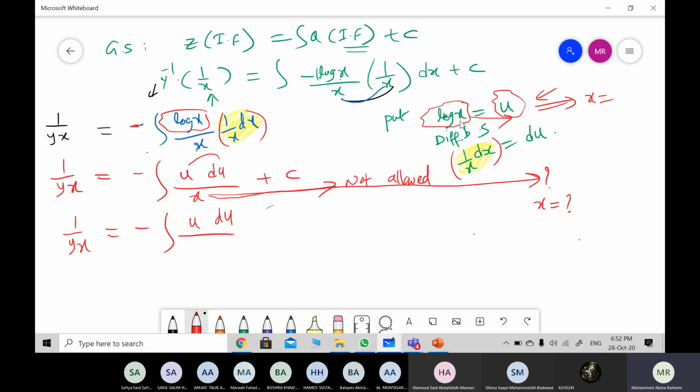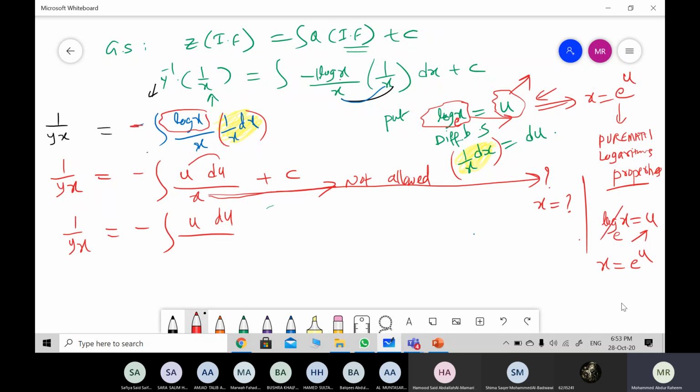Yes, it will become x equals e power u. Here we expect e, if nothing is there, we take e like that. So e power u will be here. You know this from pure math, from the chapter called logarithms, properties. Oh, this e will be going up, so we can cancel log.